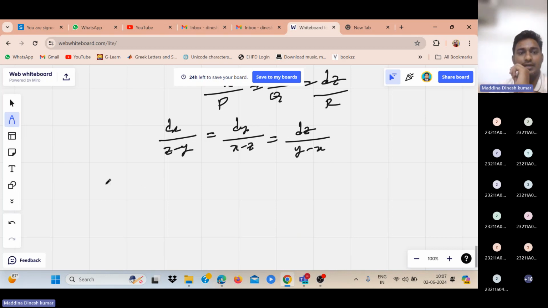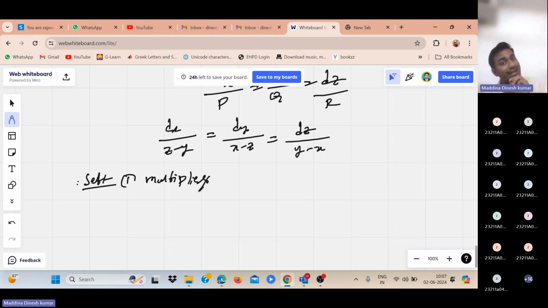Okay, so here set one multipliers. It is also known as Lagrangian multipliers. That is L comma M comma N. So L comma M comma N are 1 comma 1 comma 1.